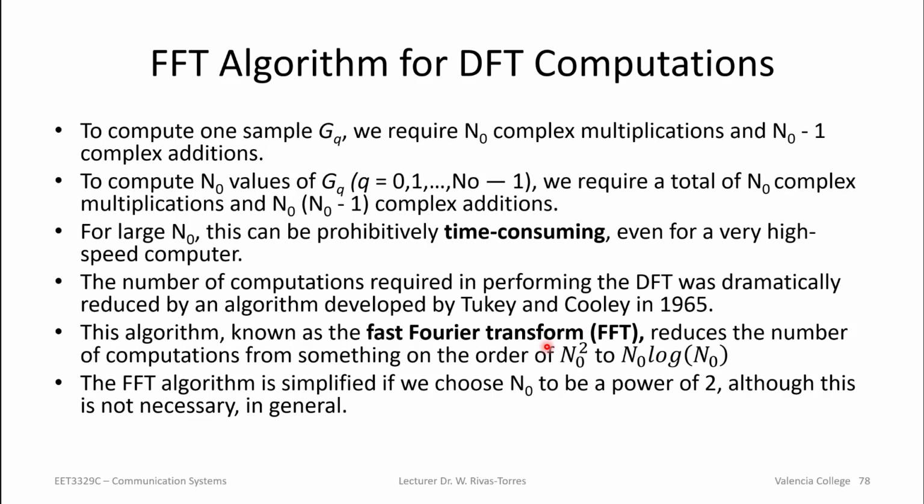What the FFT does is reduce that number to N0 log of N0. If you calculate N squared for any N, and then N log N for that same N, you'll see that N log N is always less than N squared. And the larger the N, the bigger the savings in computation time.